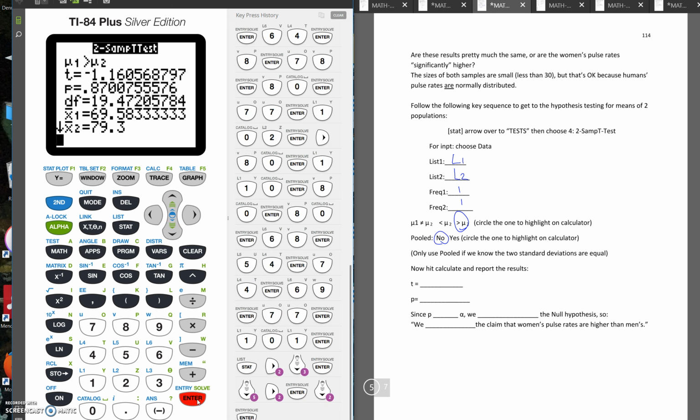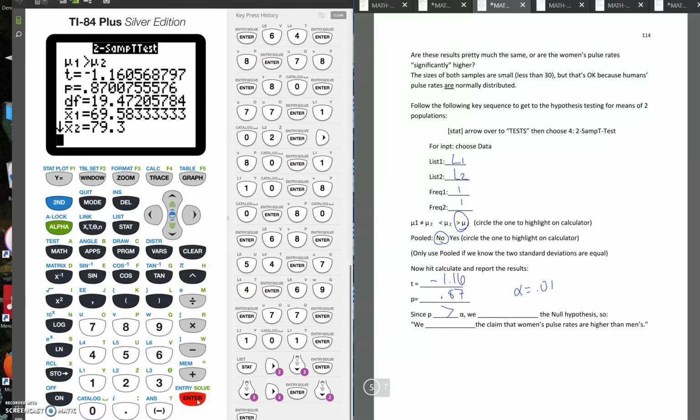This gives us our test statistic of negative 1.16 and our p-value of 0.87. Remember, alpha was 0.01, so this is much bigger.